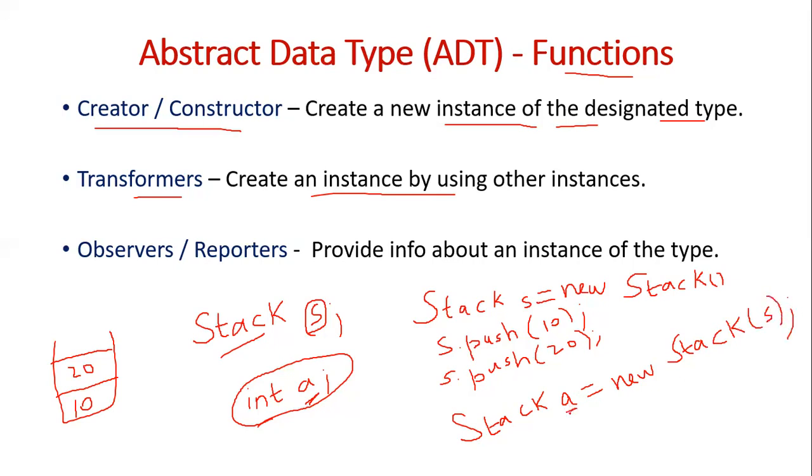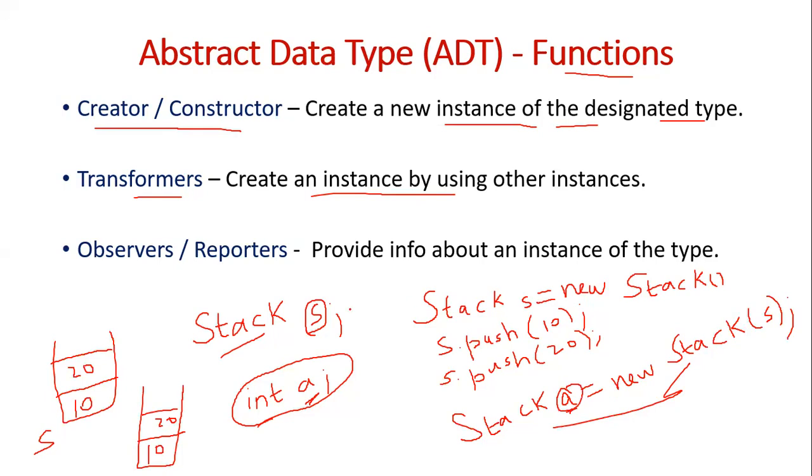So this is stack s, but a is also similar to s, because a also contains whatever s contains. So s contains currently 10 and 20. So a also holds these two values. Okay. So in that case, now this becomes a transformer function, because it has created a new instance by using another instance. So a new instance a is created by using the instance s.